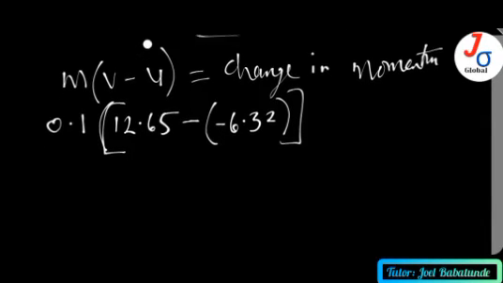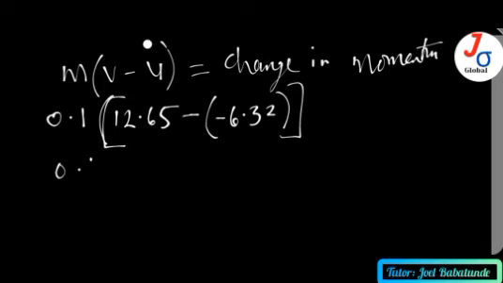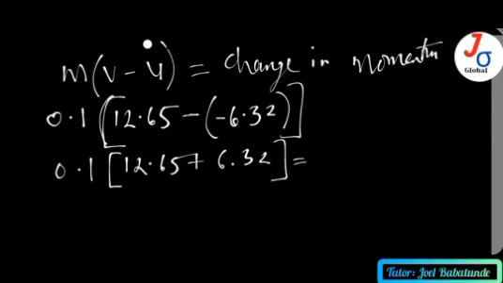So we have 0.1 into 12.65 plus 6.32, and that gives us 0.1 into 18.89. Multiply that by 0.1, and the final answer is 1.89 kilogram meters per second.